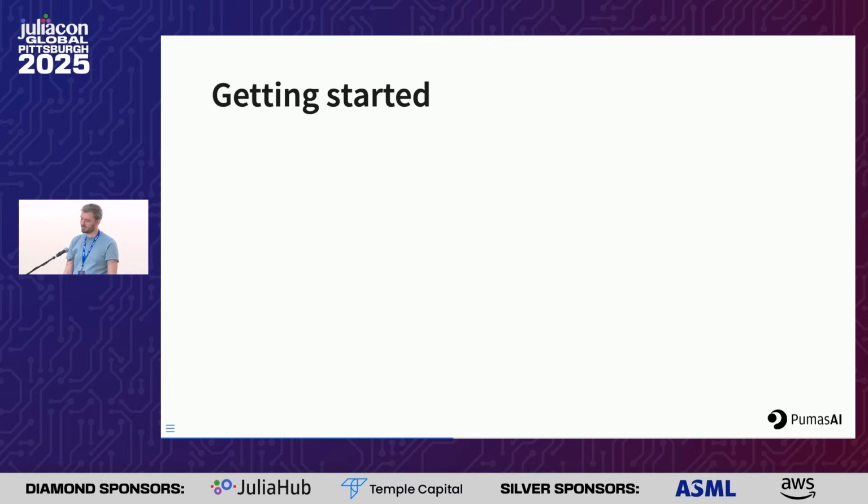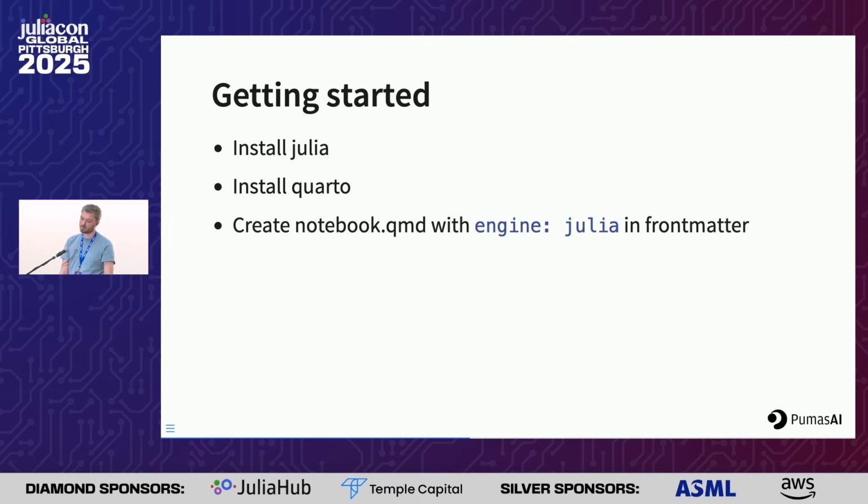So the basic getting started guide for the native Julia engine would look like this. You install Julia, you install Quarto, you create a notebook where you specify the engine Julia setting, which I showed you before in the front matter. Then you add one of these curly brace code blocks.